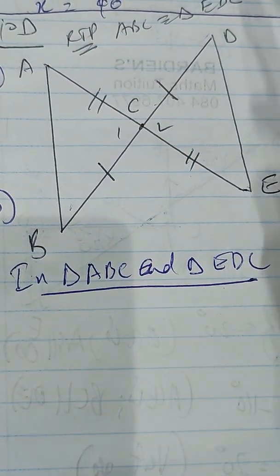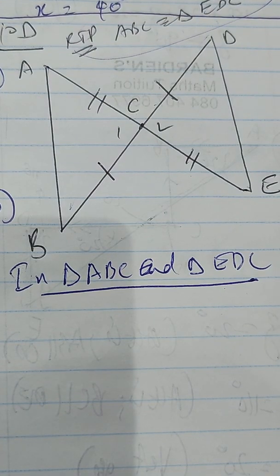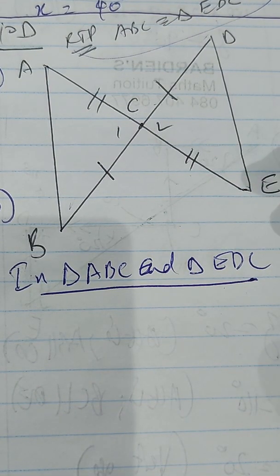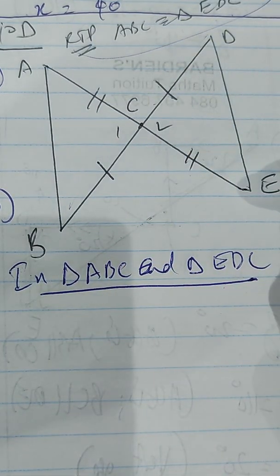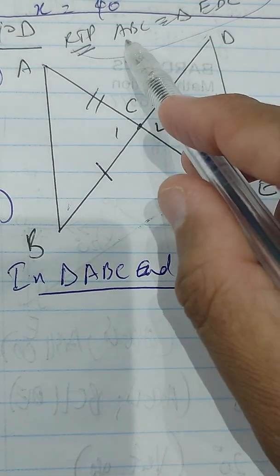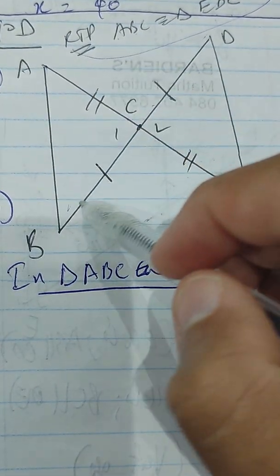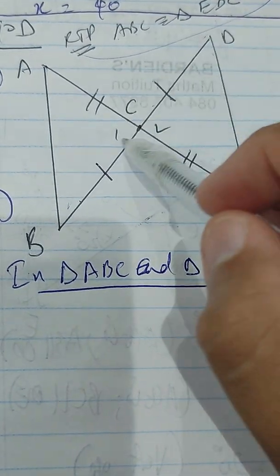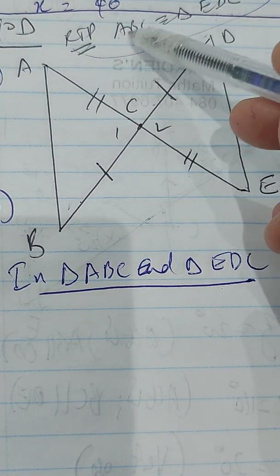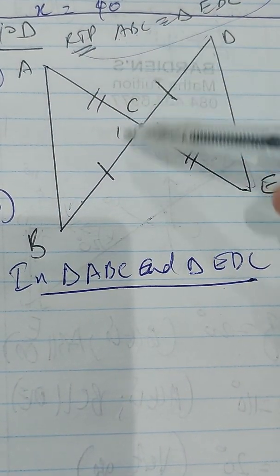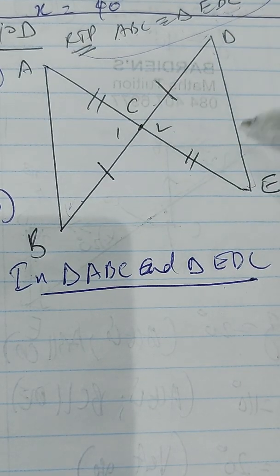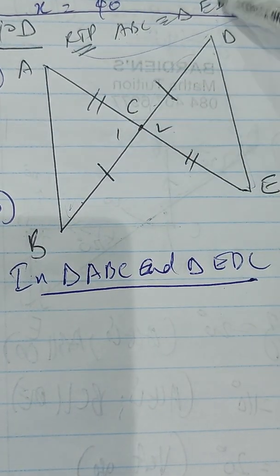Here the order doesn't matter, but almost all the time, if the order is given, then that is the right order the triangles need to be in. Why is the order important? Because in conclusion, when you say that the two triangles are congruent, that means all the corresponding angles are equal: angle A is equal to E, angle B is equal to D, and angle C is equal to angle C. Corresponding sides are also equal: AB is equal to ED, BC is equal to DC, and AC equals EC.